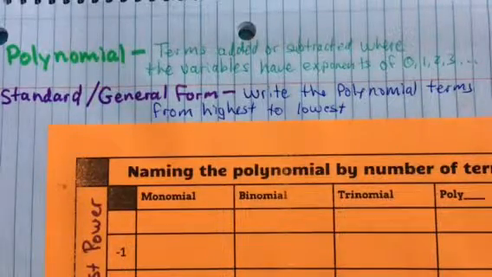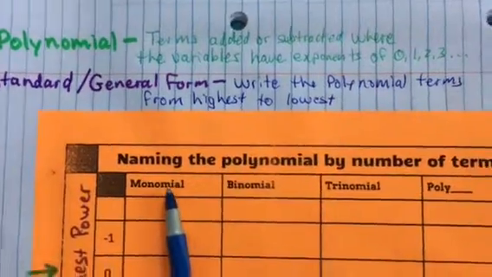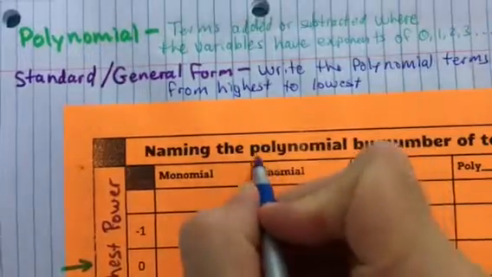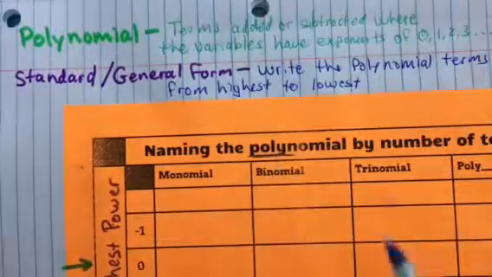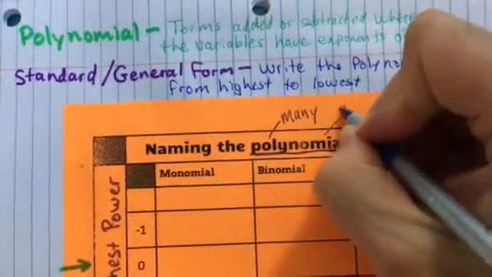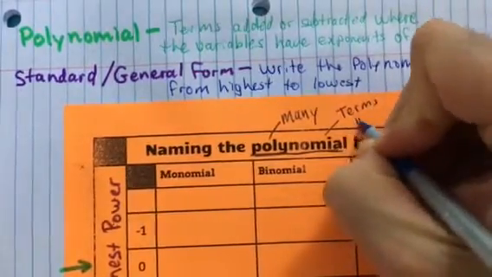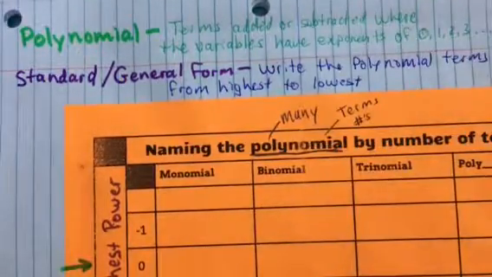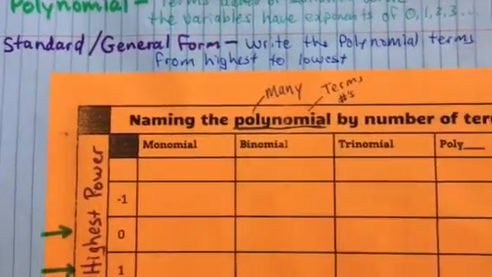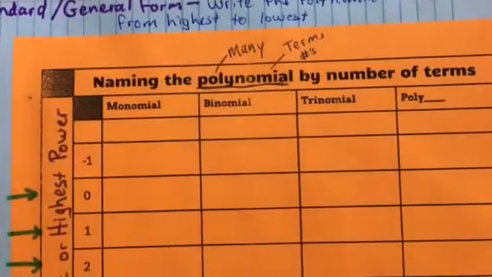Okay, so we're going to talk about monomials, binomials, trinomials, polynomials. What is a polynomial? Well, we said it's terms added or subtracted. Well, poly means many. Nomials, well, these are numbers or terms. So we're going to talk about these guys first. I'm going to zoom in.